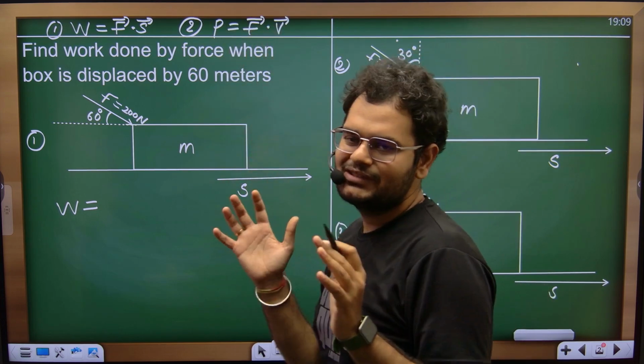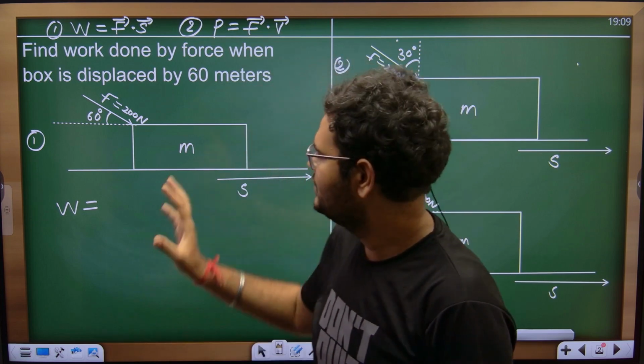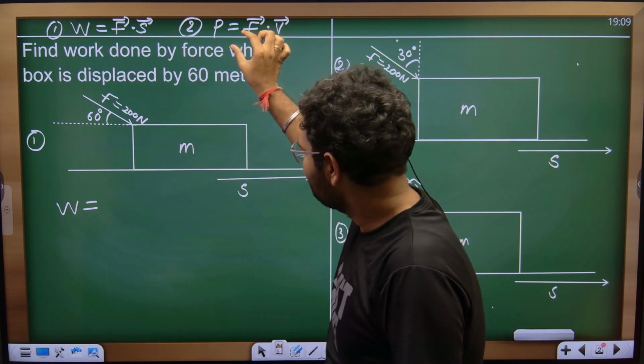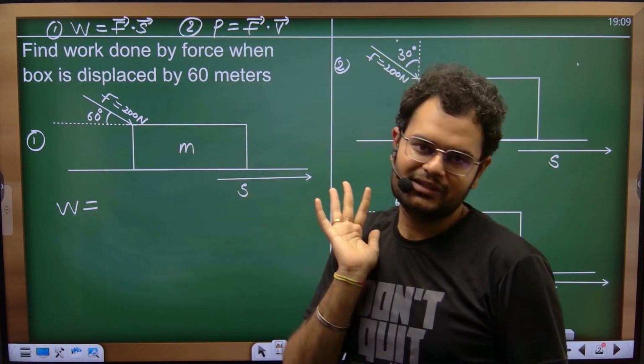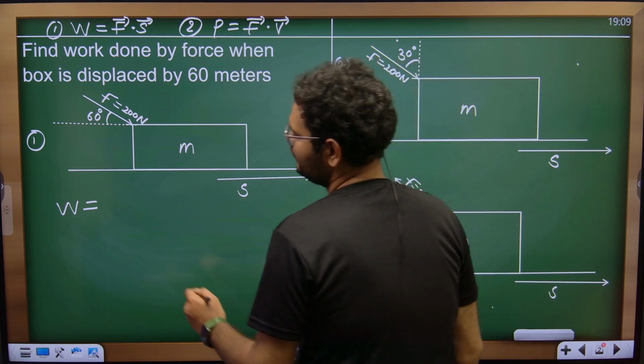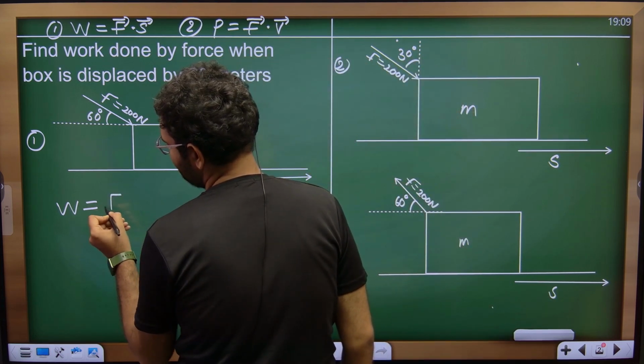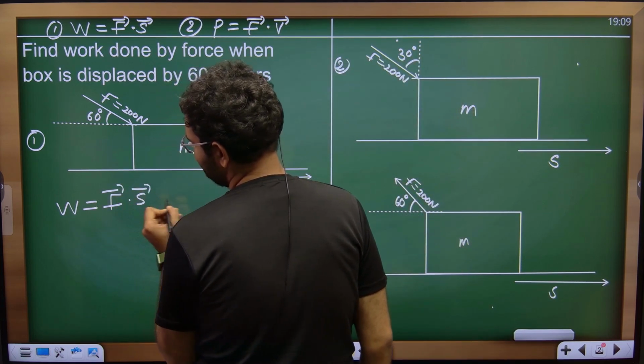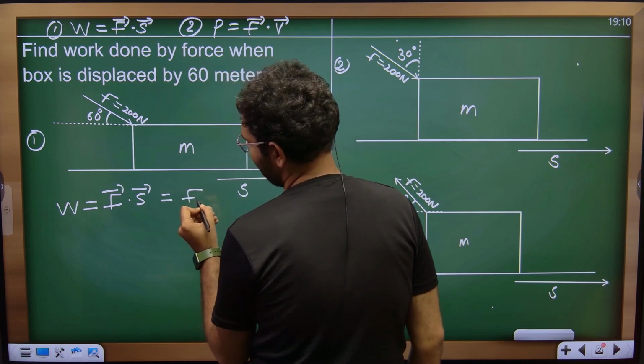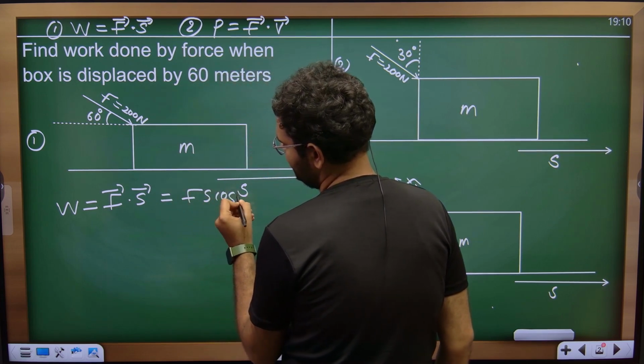In other things also we use dot product, but for now you consider this, that to find power and work done we use what? Dot product. So work done formula is what? Force vector dot displacement vector is equal to Fs cos theta.